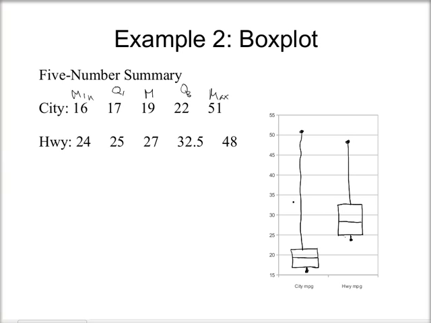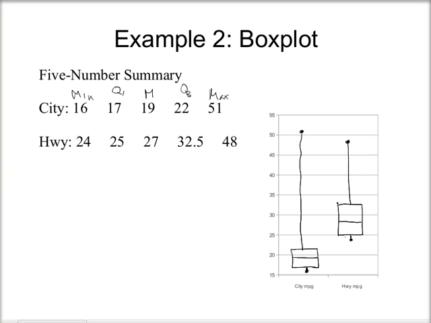So let's do a little comparison here. You can see by looking at this picture that I've got a much bigger range for my city miles per gallon, but my central box is a lot shorter, which means that the middle half of the observations are kind of squished into a smaller space than they are in the highway miles per gallon.